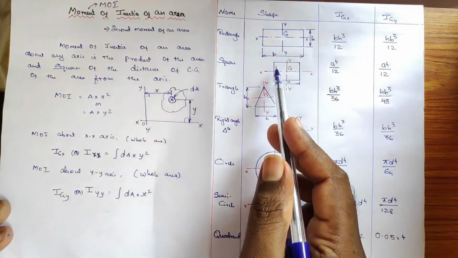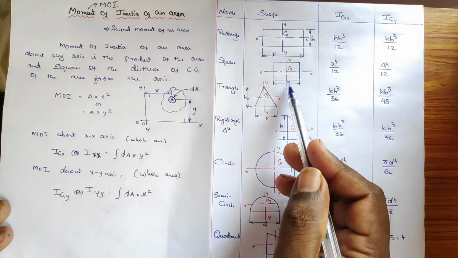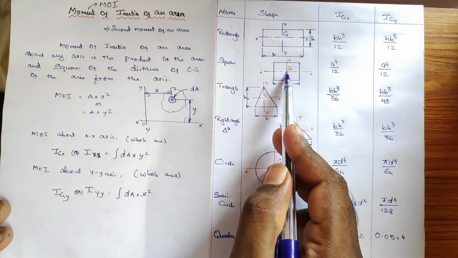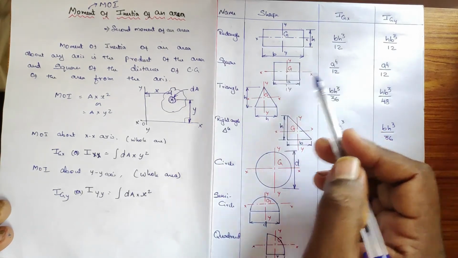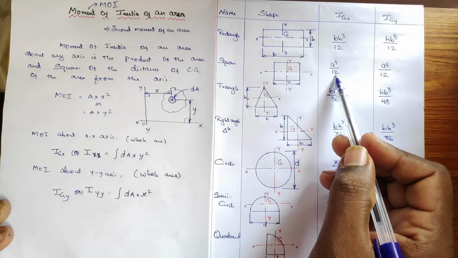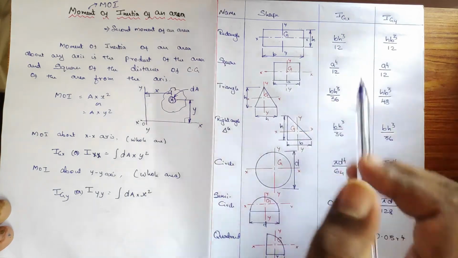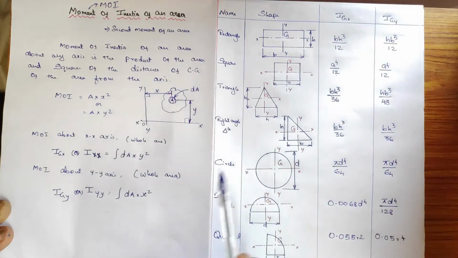And for the square, all the four sides are equal, so I have considered all the sides as a. This is the centroid or center of gravity of the object. Here Igx or Ixx is a power 4 divided by 12, and since all the four sides are equal, Igy as well is a power 4 divided by 12.